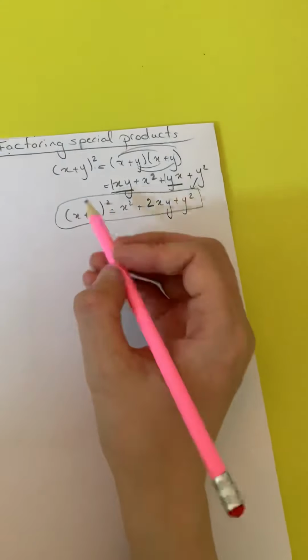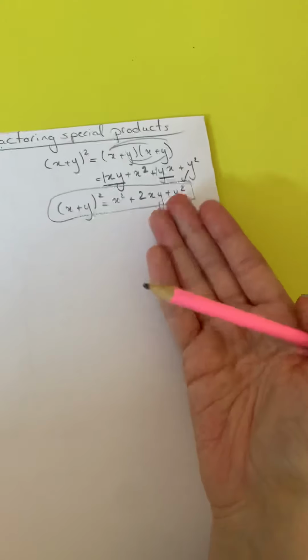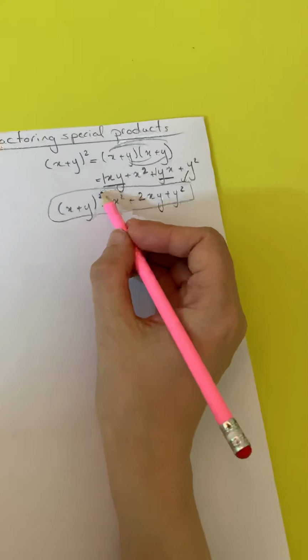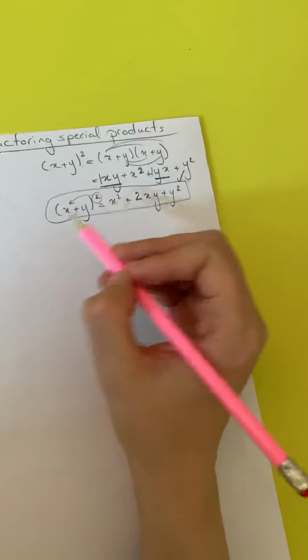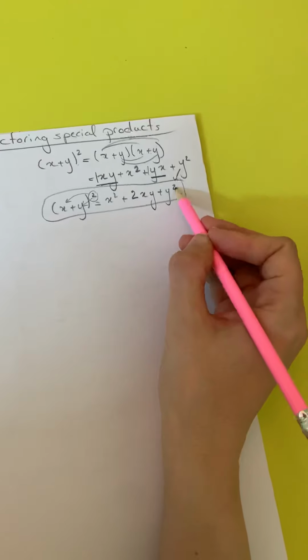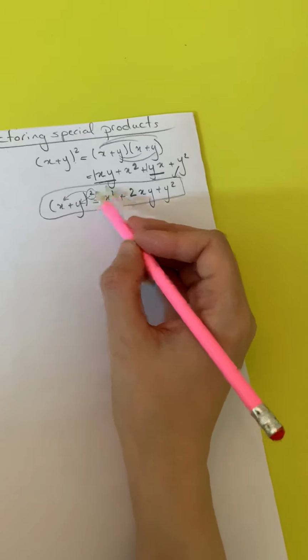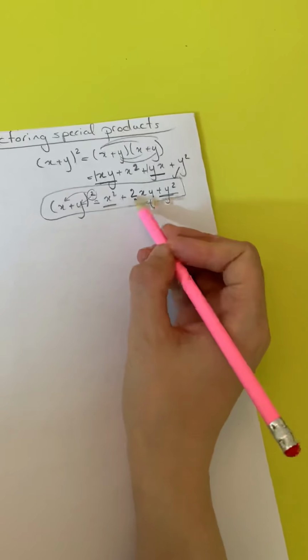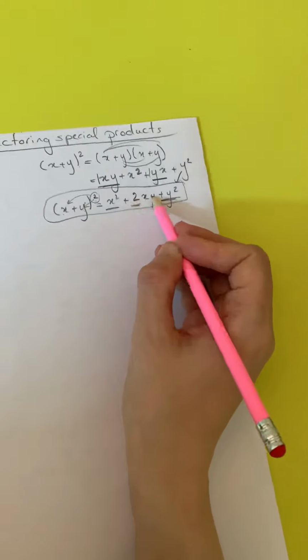If I want to show it to you in a faster way, you would just simply put power 2 over x, and power 2 over y here. So the first squared and the second squared plus 2 times the first and the second, 2 times x and y.